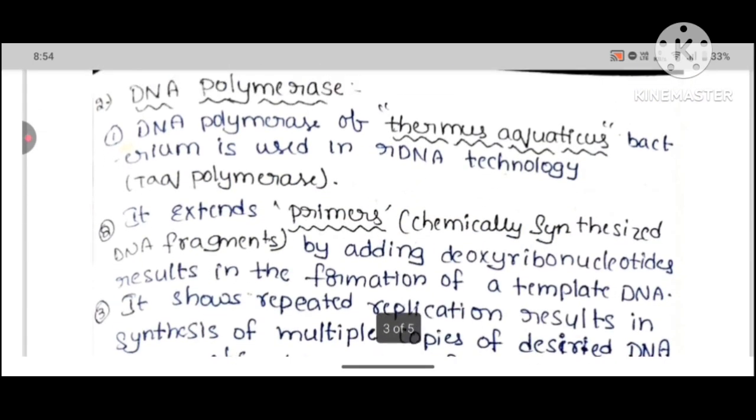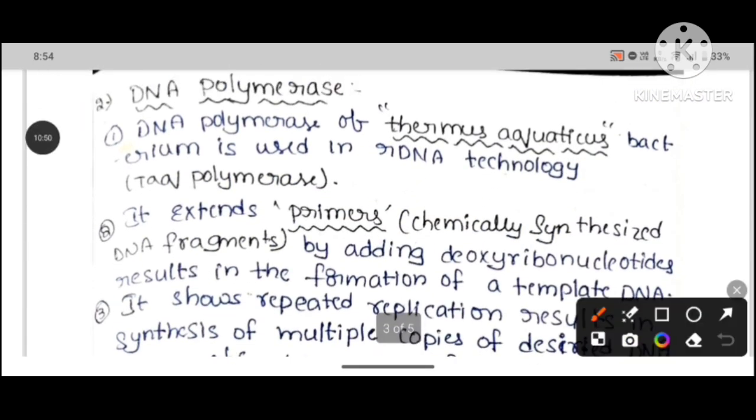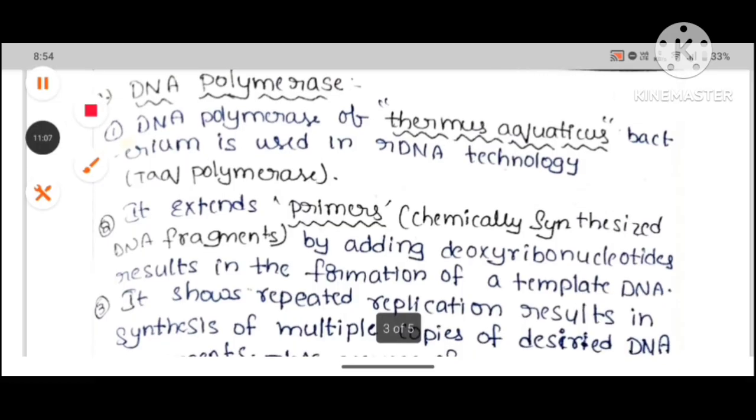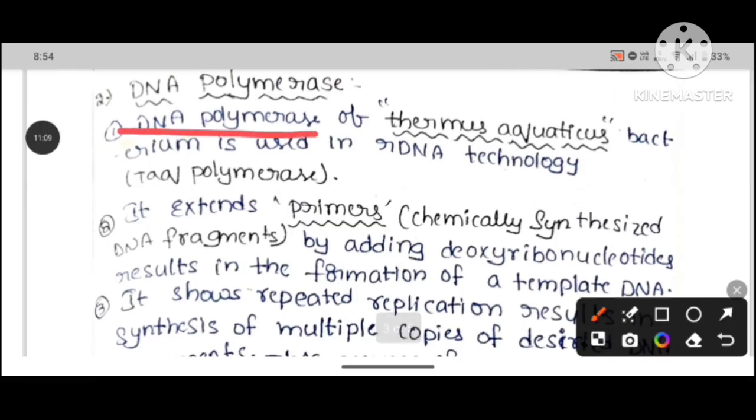And the second most important tool is DNA polymerase. Whatever desired DNA fragments are obtained, we need to amplify them for efficient use. For that, we require an enzyme known as DNA polymerase. The DNA polymerase enzyme must withstand the highest temperatures for its efficient action.